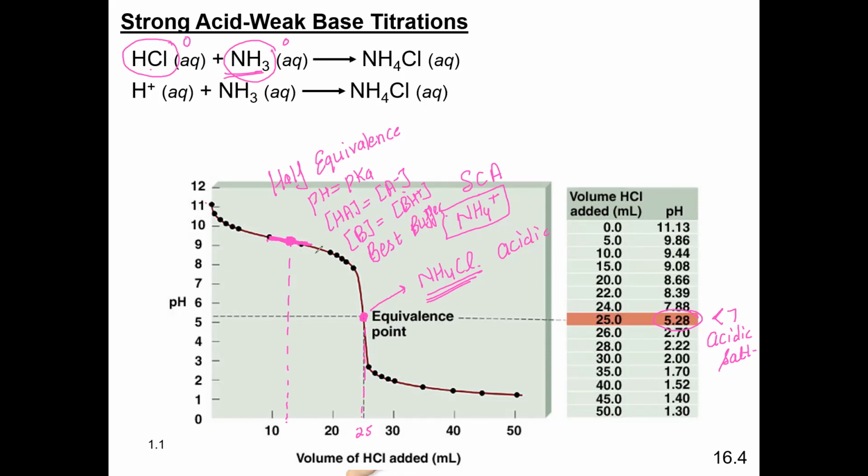So that's about your titration of a strong acid and weak base. Whenever you are doing titration using a weak acid with a strong base, or a weak base with a strong acid, a buffer is formed.